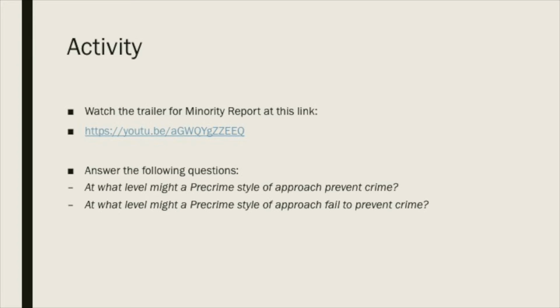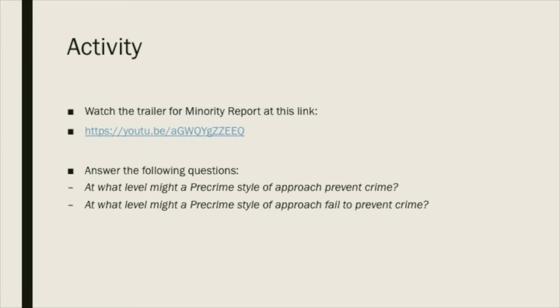But what I want you to do in the meantime is, we've talked about this pre-crime approach, extreme prevention, intervening based on future knowledge to prevent crime. And I might leave you with the following 2 questions to consider.